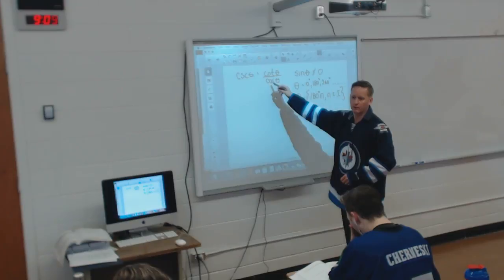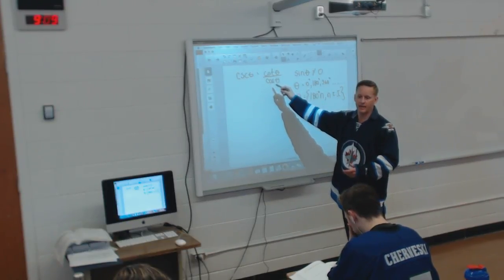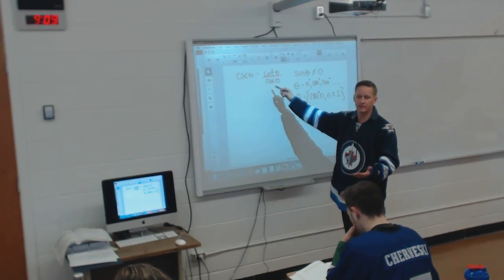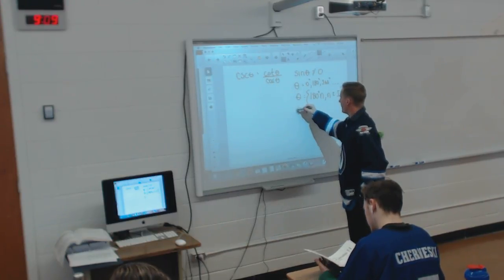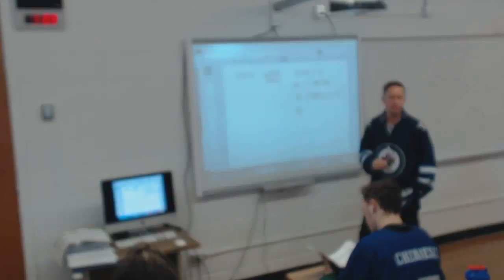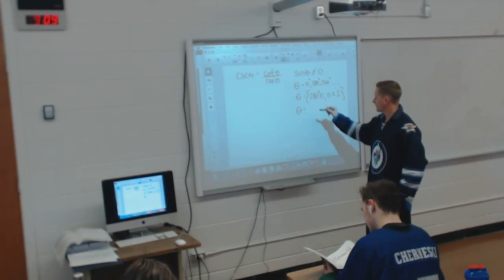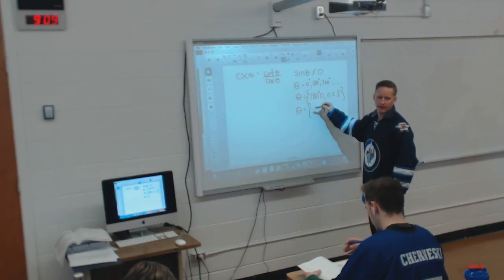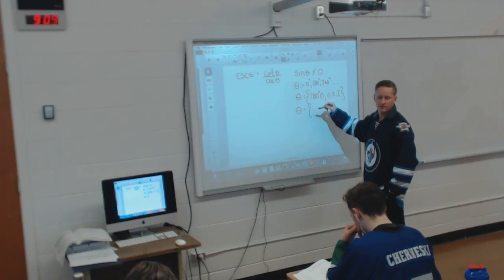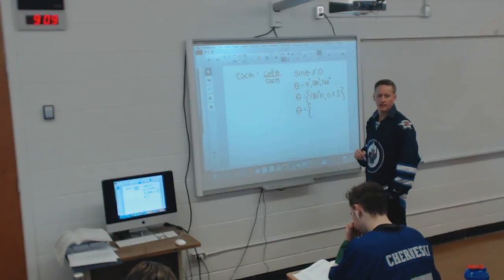But I also have cos theta can't equal 0 either. It's on the denominator of a fraction, agreed? So now, theta equals, where is cos 0? 90 and 270. So how do I show that then? Any ideas?